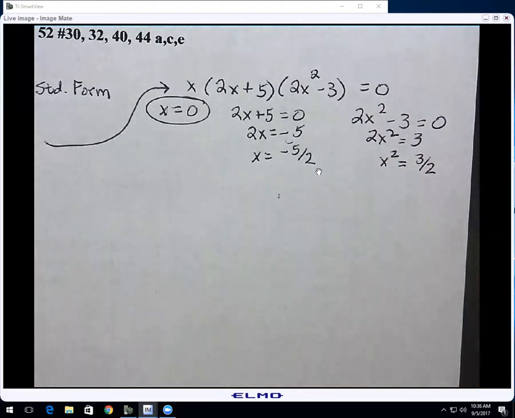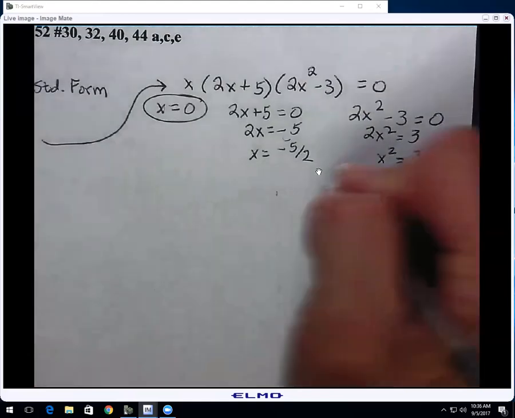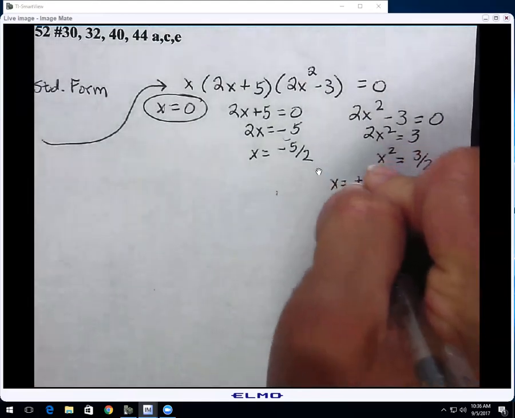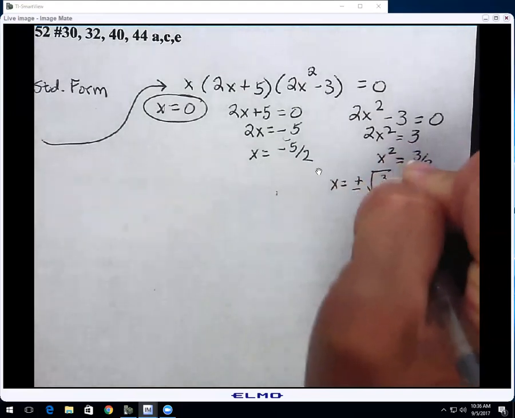As soon as you said take the square root of both sides, what bells and whistles went off in my head? Don't forget both the positive and the negative square root. So x equals plus or minus square root of 3 halves.